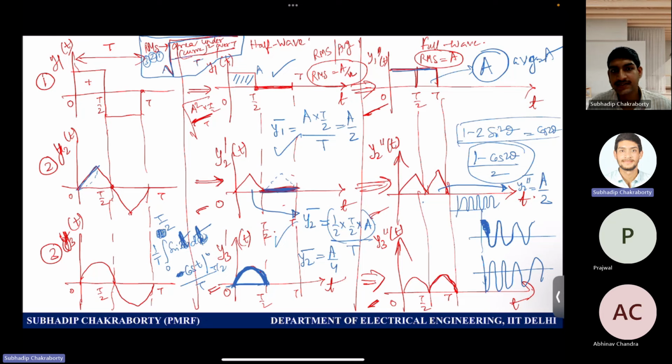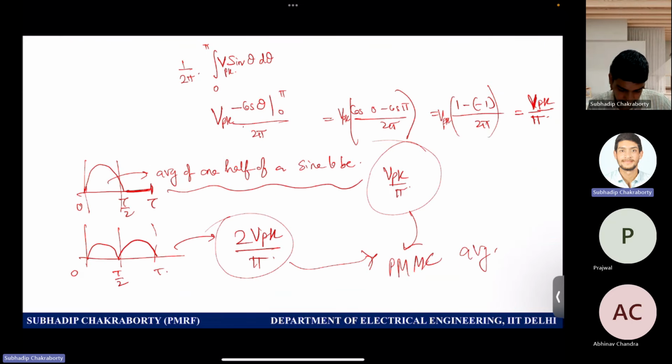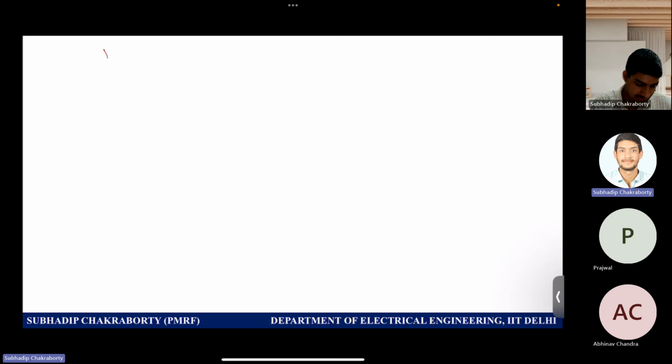No, sir. These things are important. Okay, so you need to understand, and if you have any doubt, you please tell me. So see, this is 0 to T by 2, and this is T. So what will this signal look like if I square it? Maybe a new page I can write.